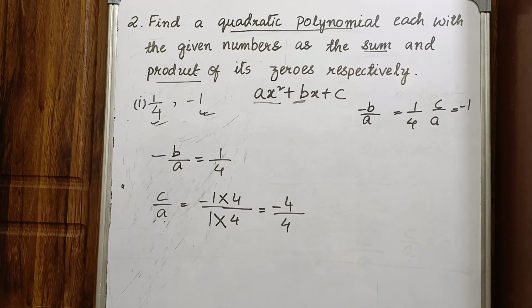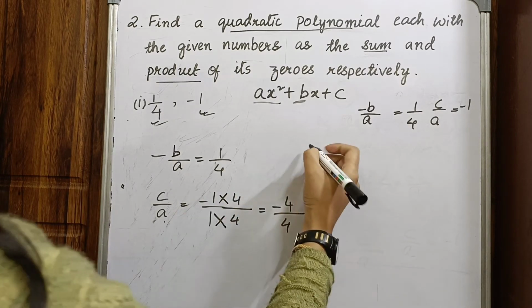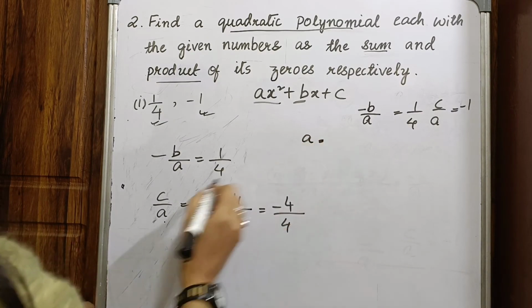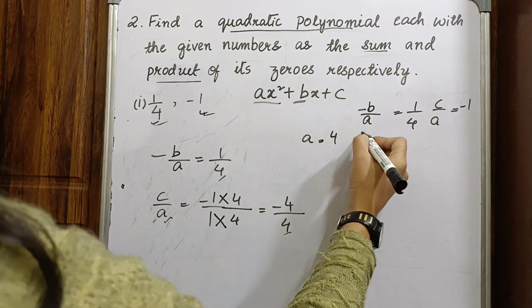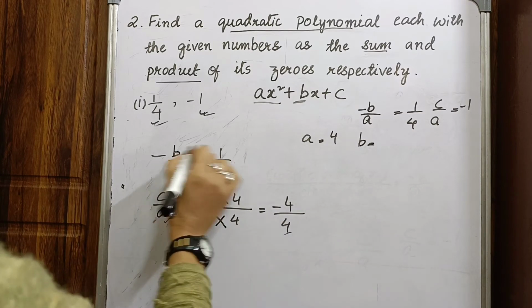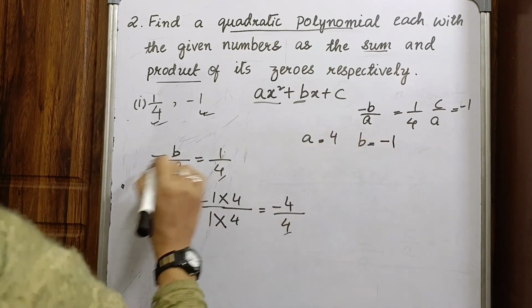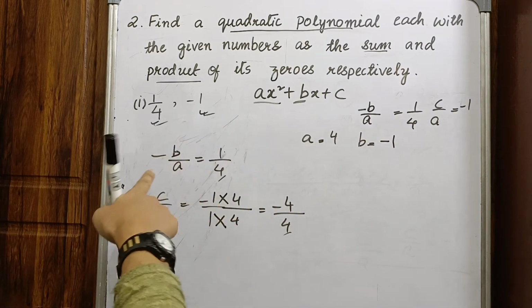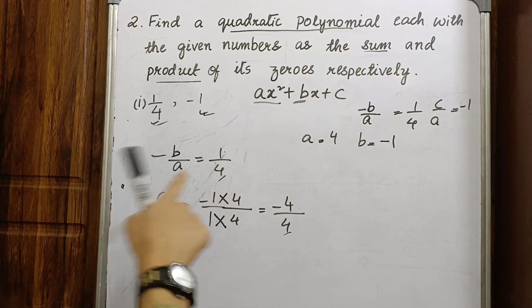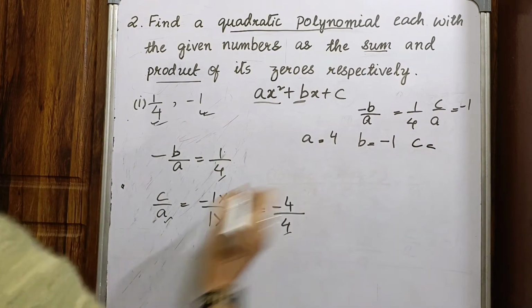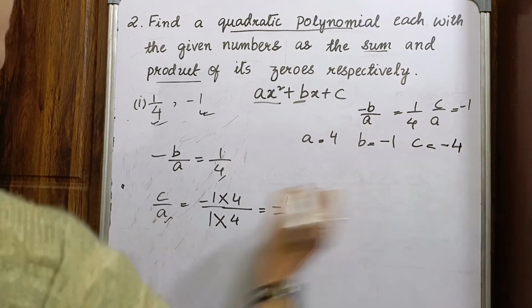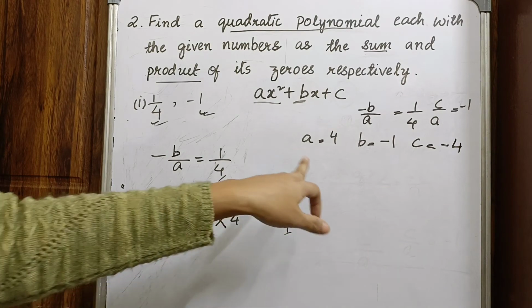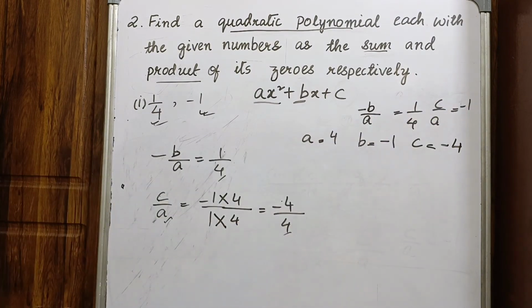Okay. Now we got a as 4, b: minus b equals 1 means b equals minus 1, and c equals, what is c? c equals minus 4. So we'll substitute a, b and c in this quadratic polynomial.